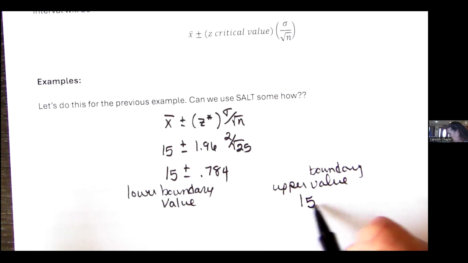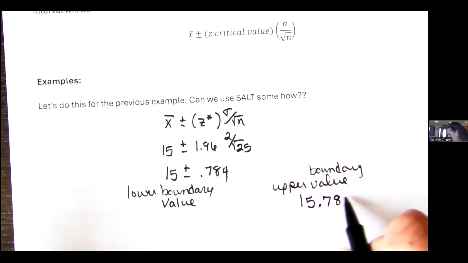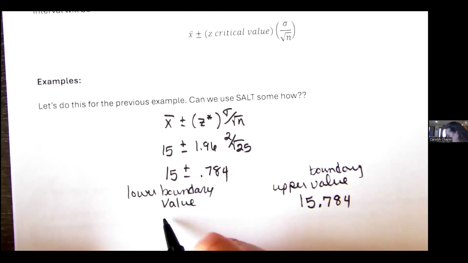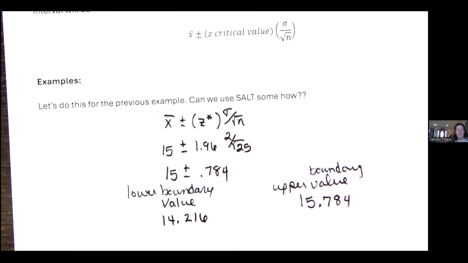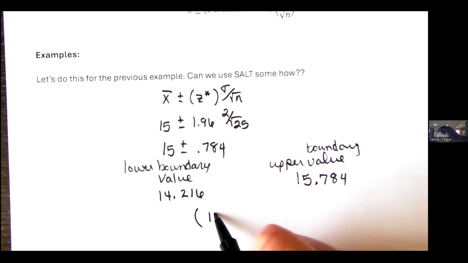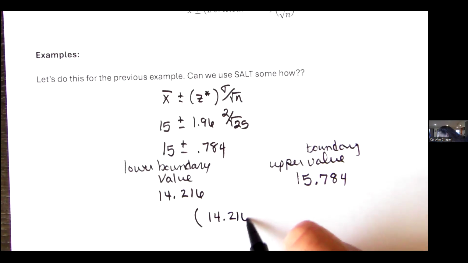So 15.784. And then my lower one, if I take 15 and subtract that, I get 14.216. Sometimes we use a little bit of notation to make it easier to read. We'll write this in interval notation.